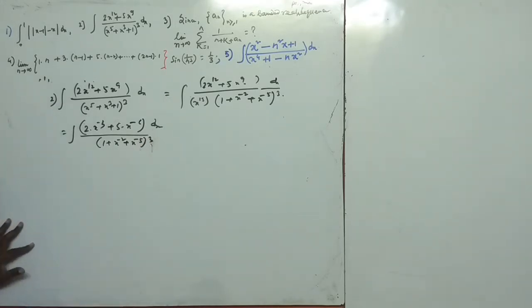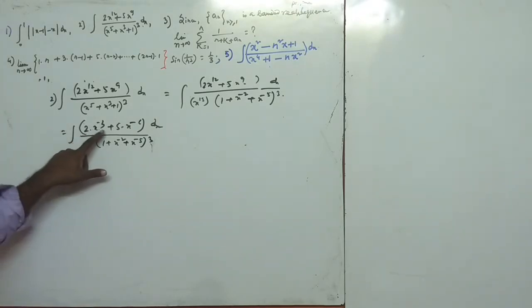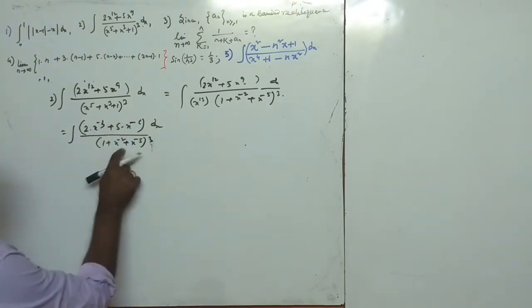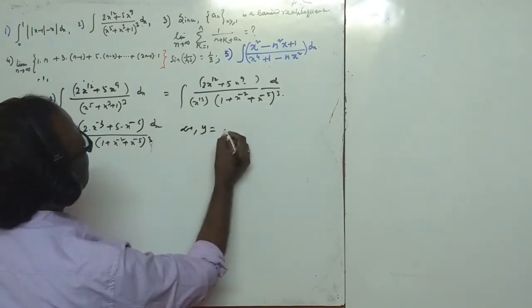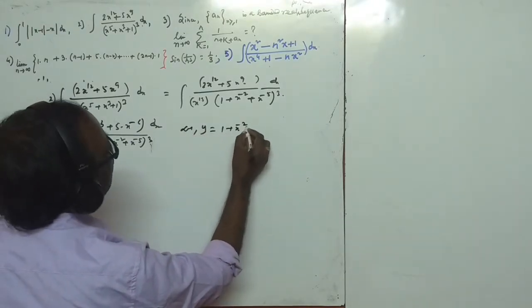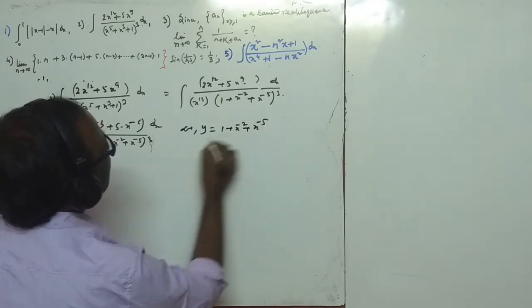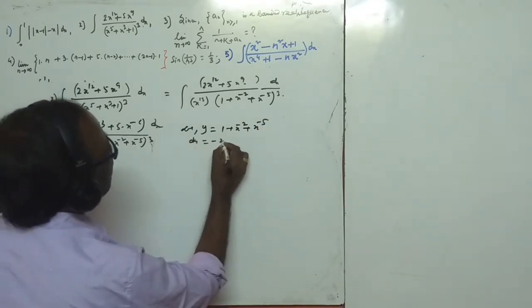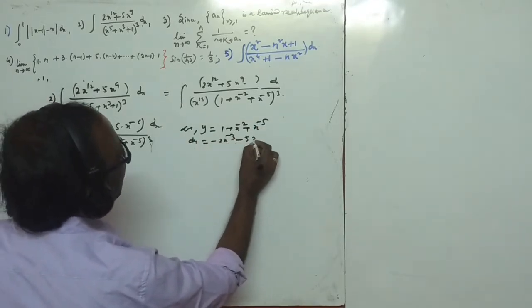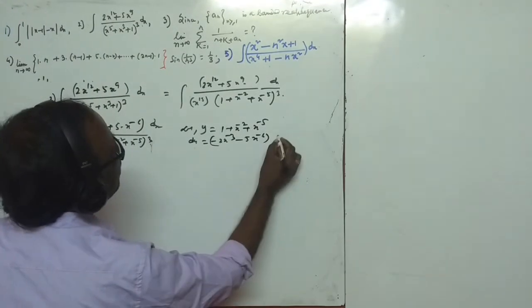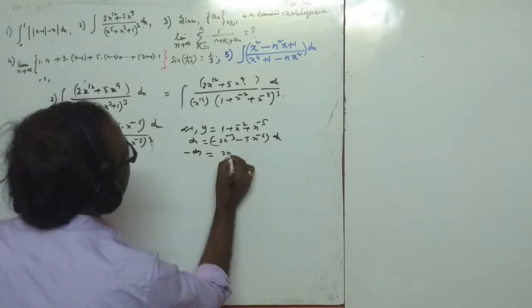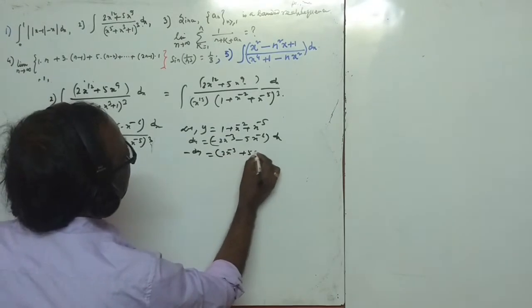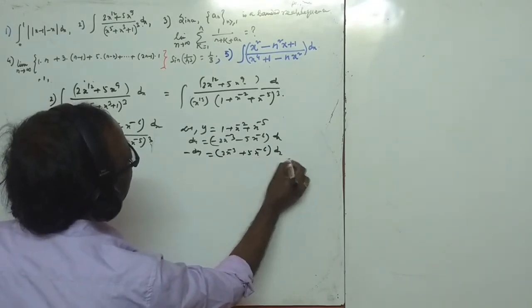If we take the derivative of this, yes, the derivative of this part is this. So let us assume y is equal to 1 plus x to the minus 2 plus x to the minus 5. Differentiate: dy is equal to minus 2x to the minus 3, minus 5x to the minus 6, dx.